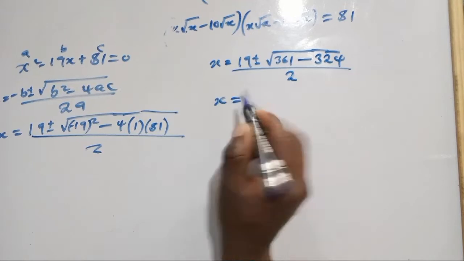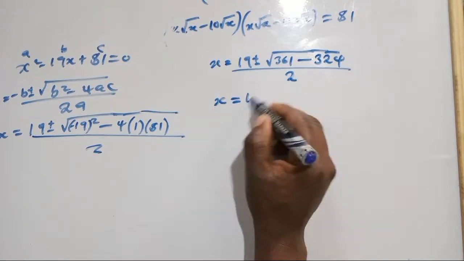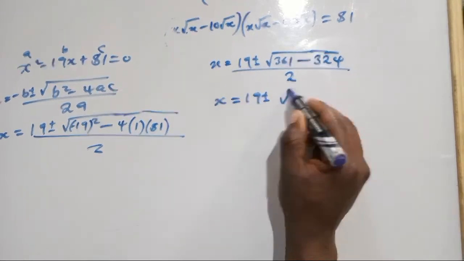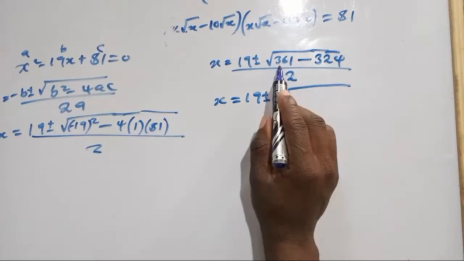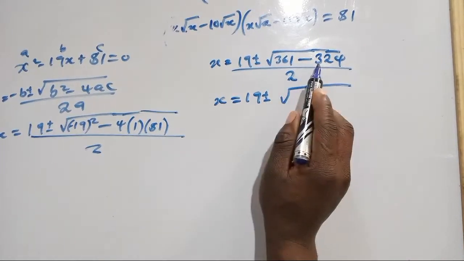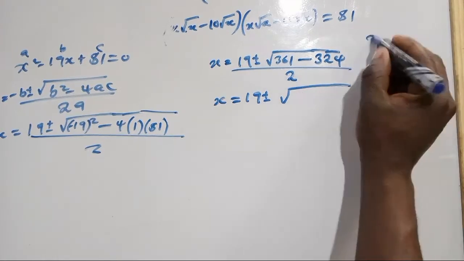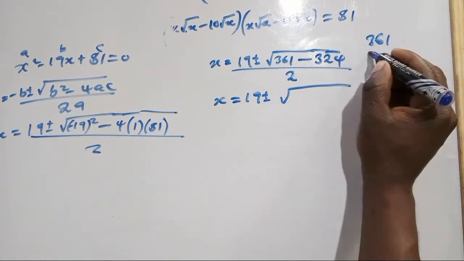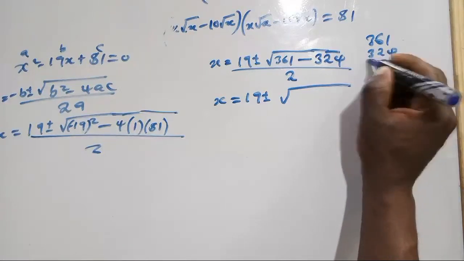Then x will be equal to 19 plus or minus the root of 361 minus 324, right?